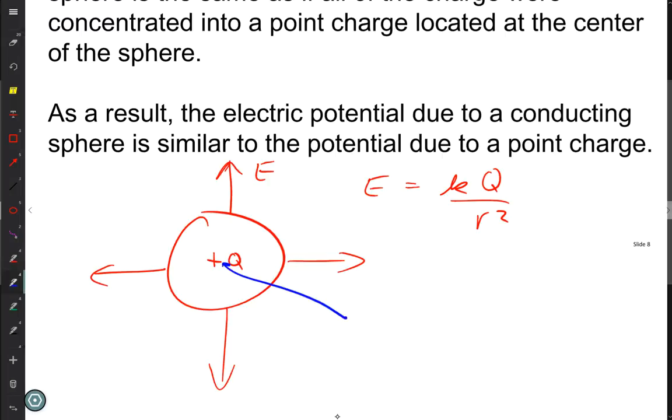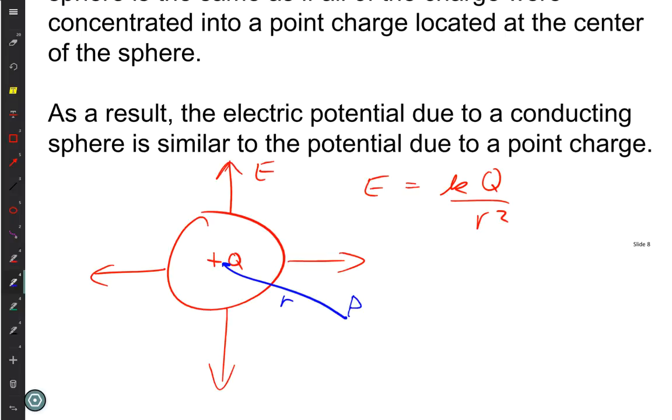From the center to wherever my point P is. It's not from the surface, it's from the center. So we have the electric field direction going radially outward if it's positive, radially inward if it's negative, and the strength. What about electric potential?